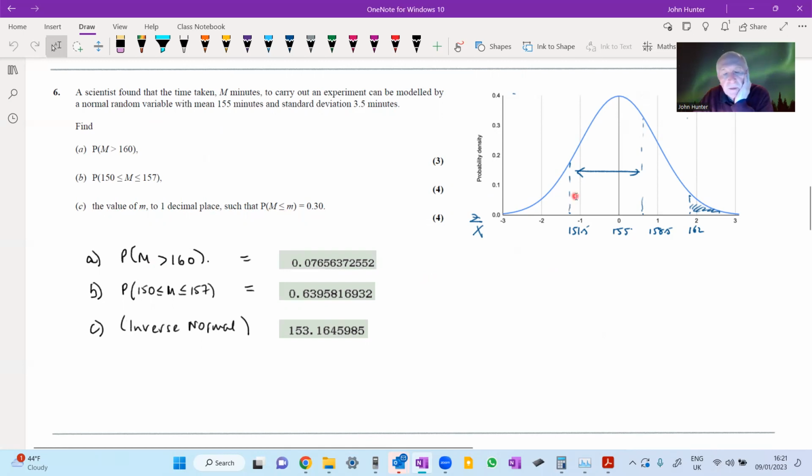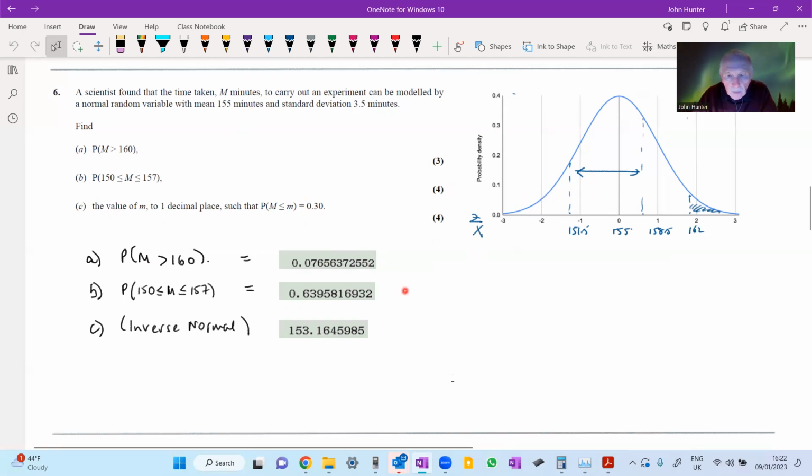So what we're interested in is some space down here. It's 0.3, so it's going to be less than half, because half the area is below the mean, isn't it? So it's going to be something from about here downwards that way.